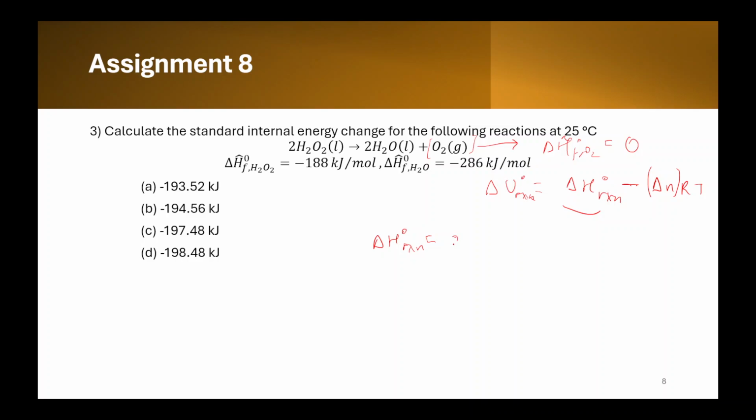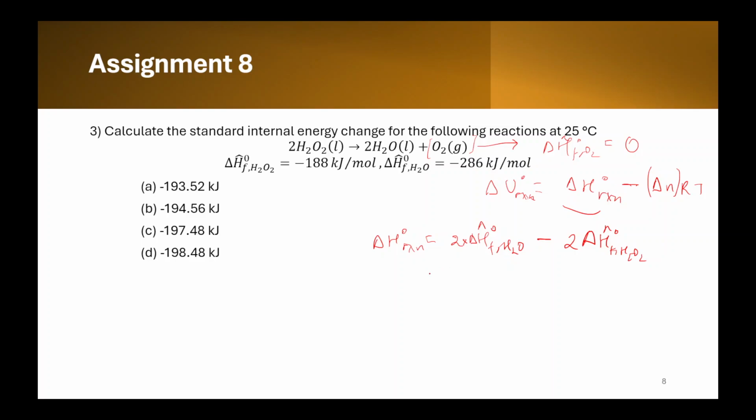So it will be 2 into delta HF of H2O standard and specific, minus 2 into delta HF of H2O2 standard and specific.